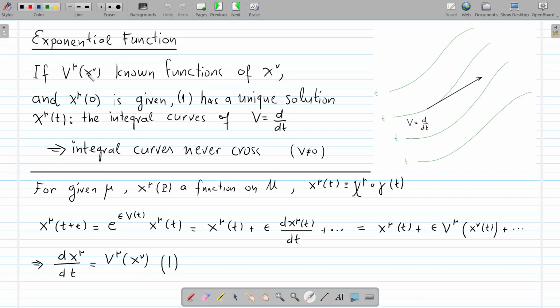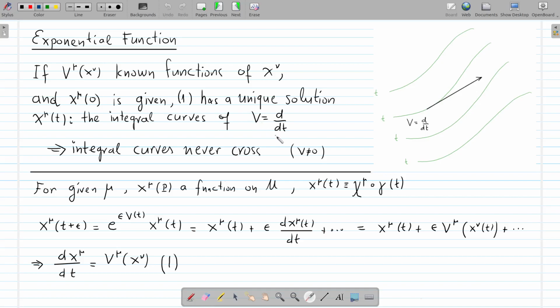So, if the components are known functions of x nu, and the values of these functions are known at a given point of a curve, then this equation here has a unique solution. And this solution is what gives us the integral curves of V along the curve.